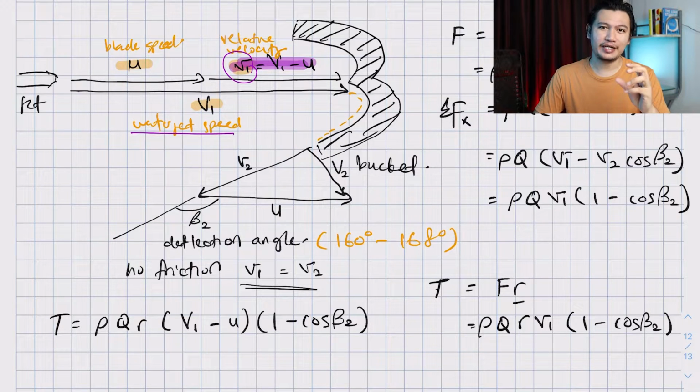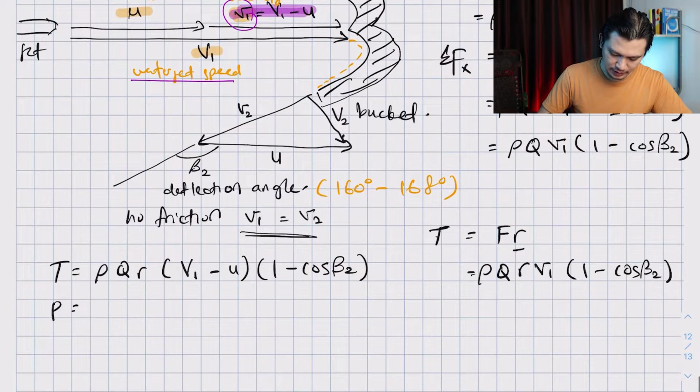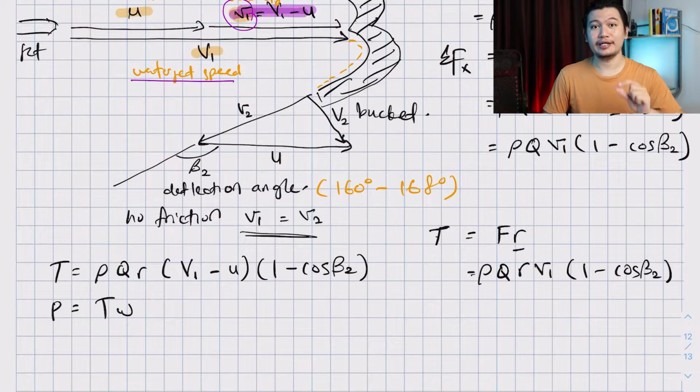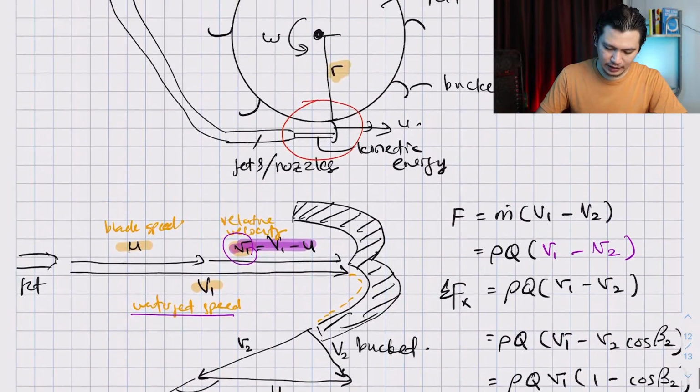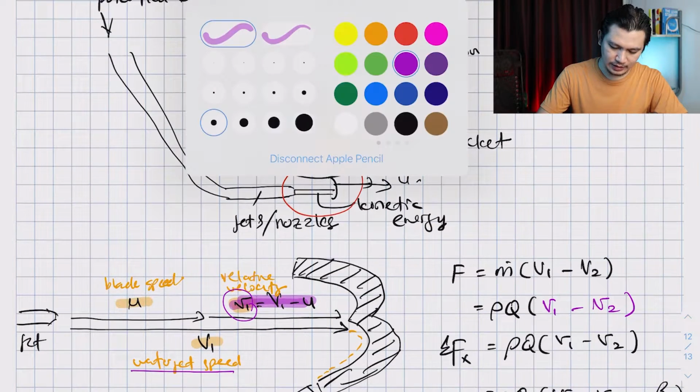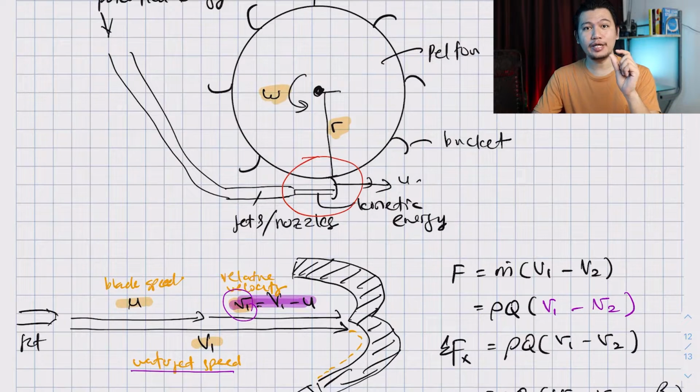Now that you have the torque, if I want to find power, I think you know how to do this. Power is simply torque times omega. And where is this omega? Omega is going to be here. That is your omega, the rotational speed of the whole wheel.